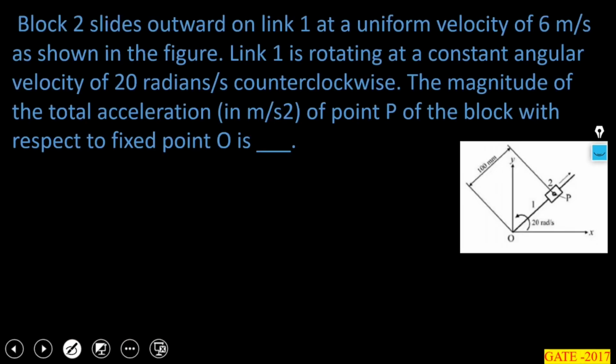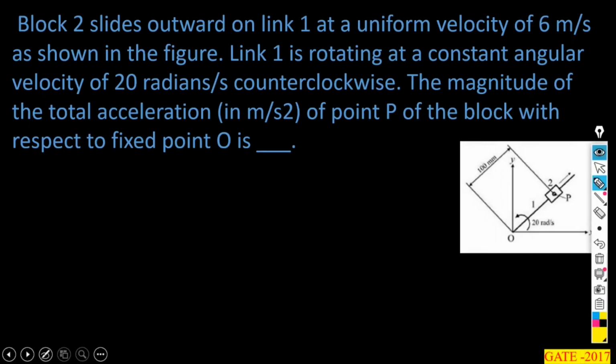Let's take up the last problem. We have a block 2 that slides outward on link 1 at a uniform velocity of 6 meter per second and link 1 rotating at a constant angular velocity of 20 radians per second in the counterclockwise direction. And we need to find the magnitude of total acceleration in this case.